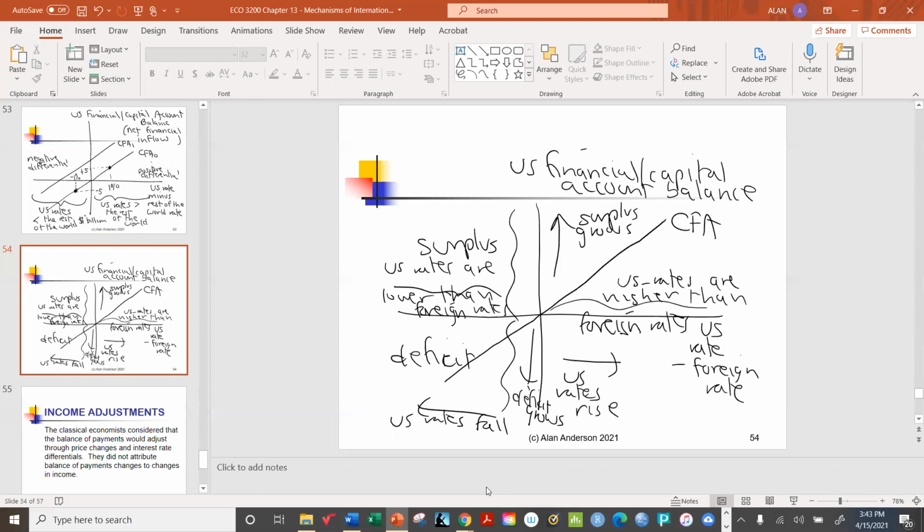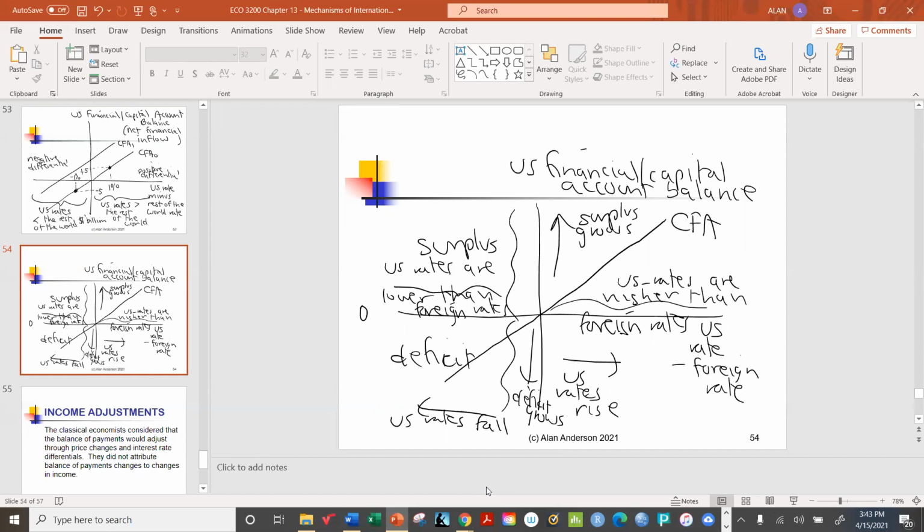And it's hard to do all of this without it getting cluttered, but the idea here is that if we move into the upper right-hand corner, US rates are rising and our financial account surplus is growing. If we go towards the left-hand corner, then the opposite is happening. There is a smaller US rate than in foreign countries, and as a result, our financial account balance starts to move more into deficit. And the axes, by the way, right here, this is zero. Along the horizontal axis, our financial account is in balance, meaning it's not a surplus and it's not a deficit.